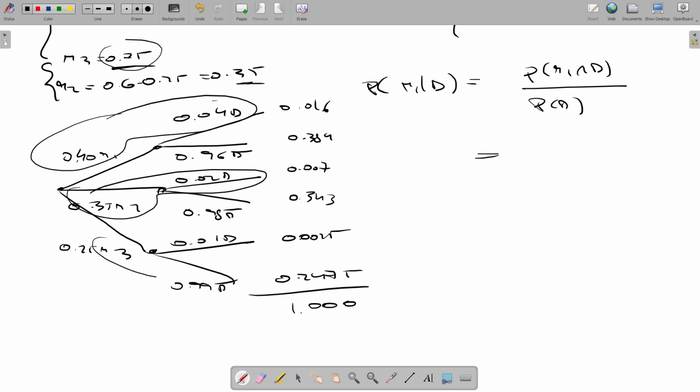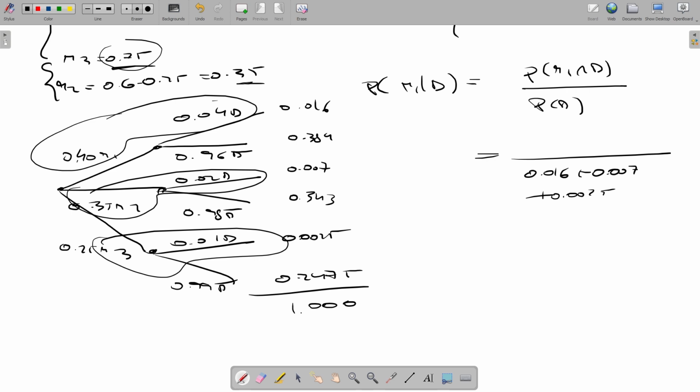The values below are 0.016 plus 0.007 plus 0.0025, and on the top you just plug in the one that we are asked in the question, which is M1D, which is this one. So 0.016. So you do the math, you're going to get that it's 0.6275.